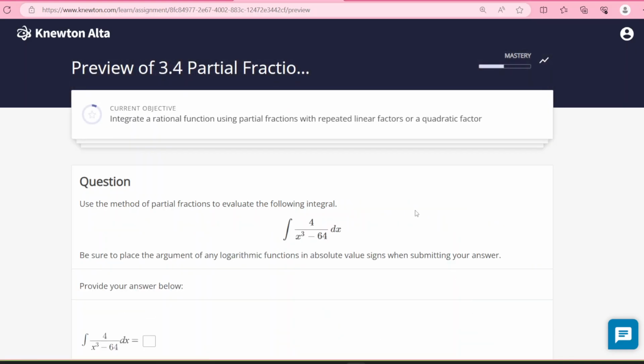Okay, this one I see is going to have an irreducible quadratic factor in the denominator. Integrate a rational function using partial fractions with repeated linear factors or a quadratic factor that can't be factored any further, an irreducible quadratic.